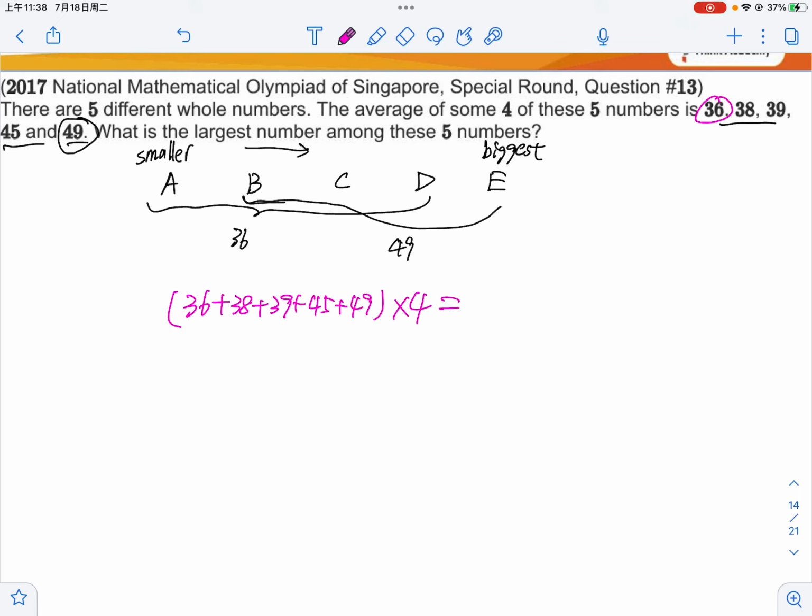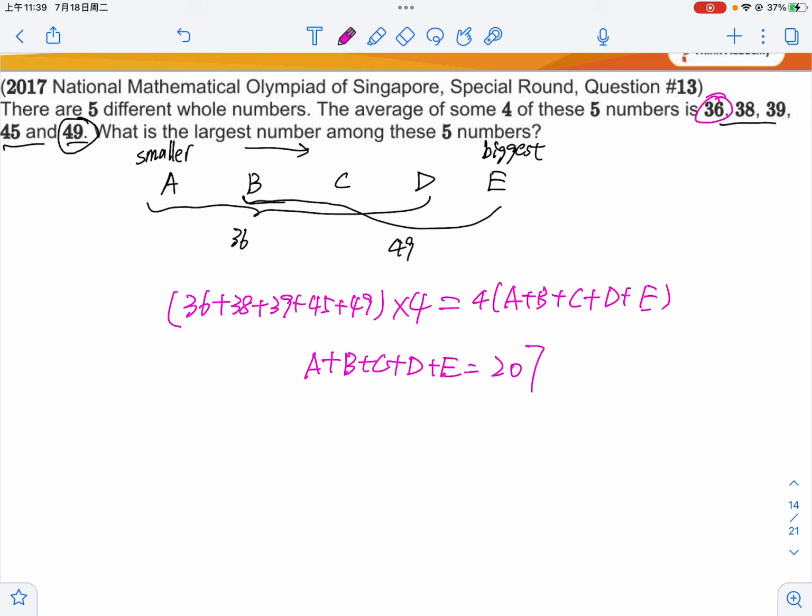It's just 4 times A plus B plus C plus D plus E. Now we can calculate A plus B plus C plus D, sorry, plus E should equal 207.